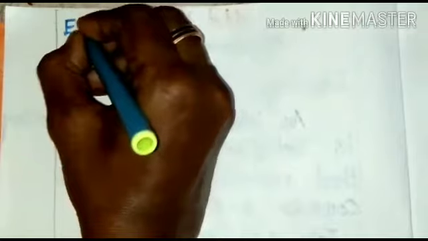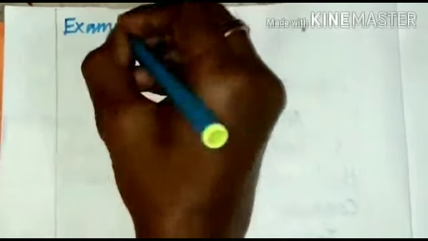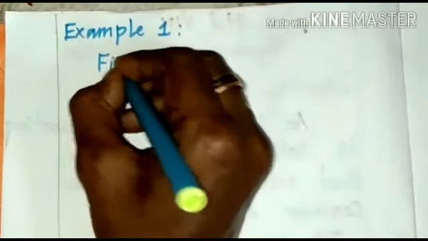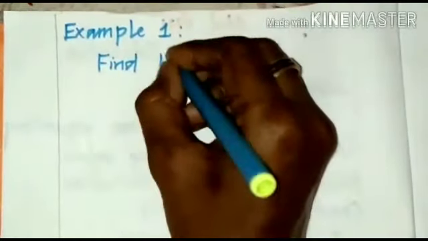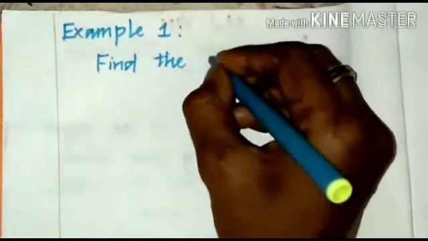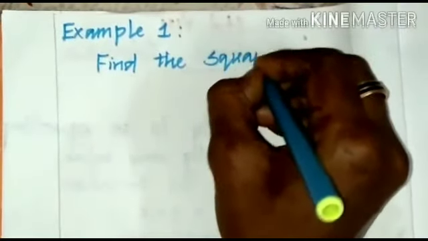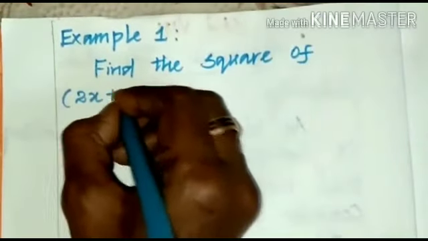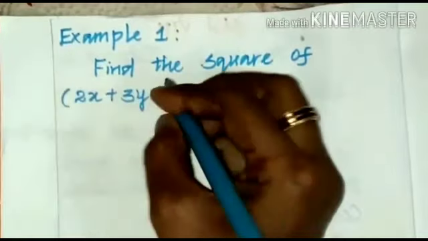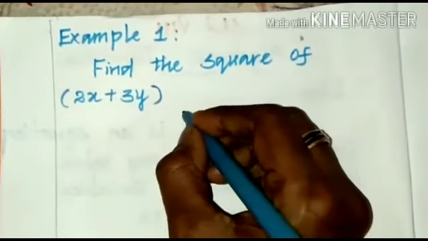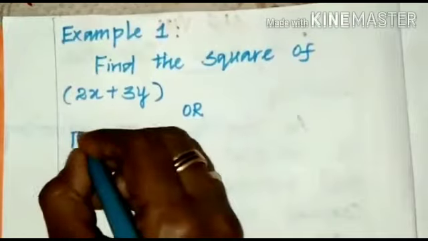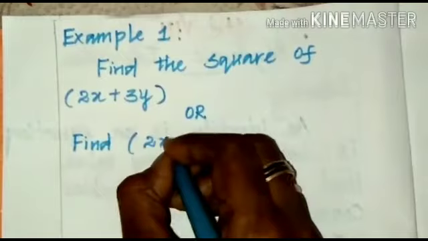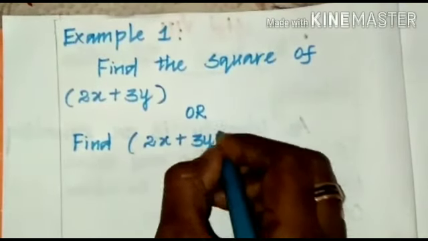Example 1. Find the square of 2x plus 3y, or find 2x plus 3y the whole square.